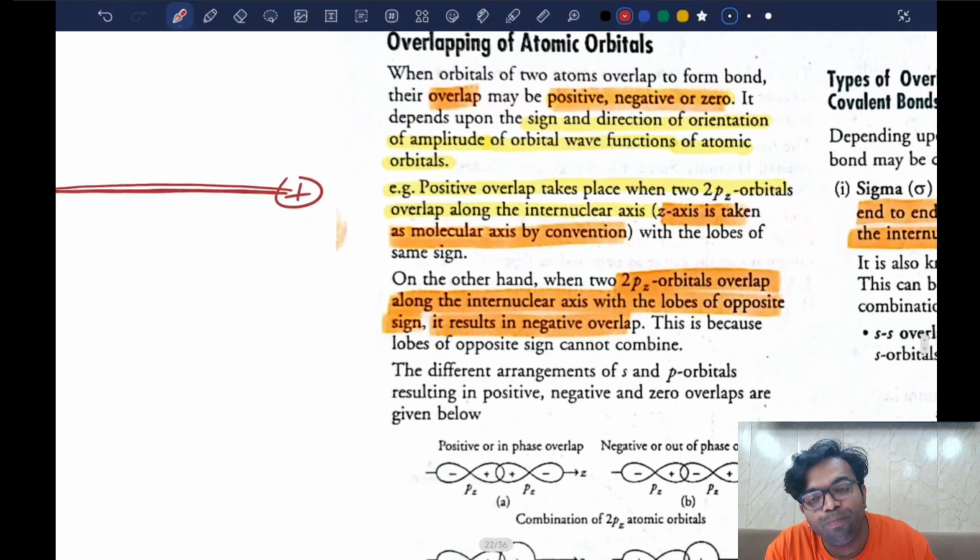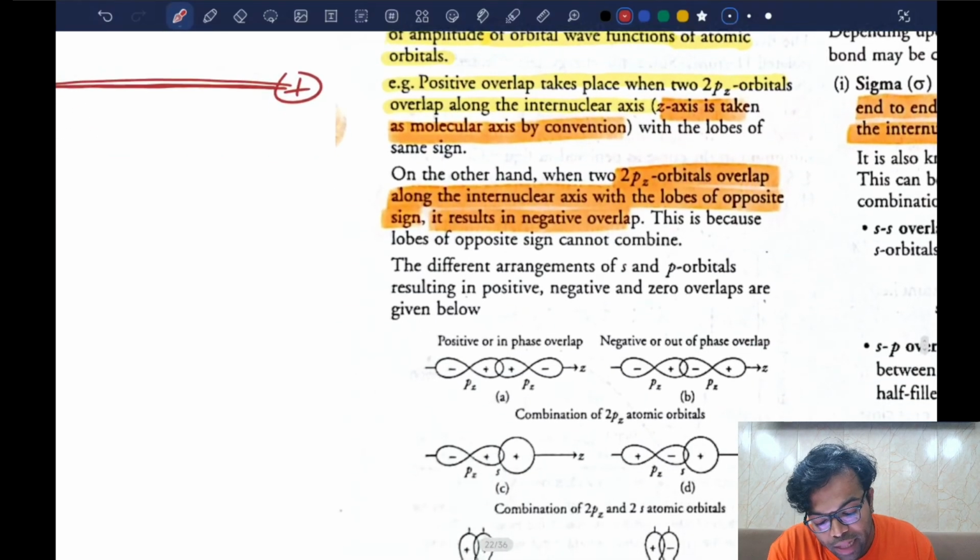Okay, now if both the lobes were to be positive, then what would happen? Then the overlap would be considered positive. But if you have one overlap positive and the other overlap negative, then what will happen? When two pz orbitals overlap along the internuclear axis with the lobes of different sign, one positive and the other negative, it results in a negative overlap.